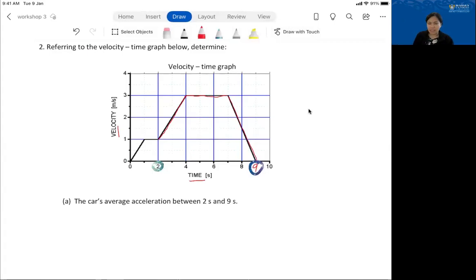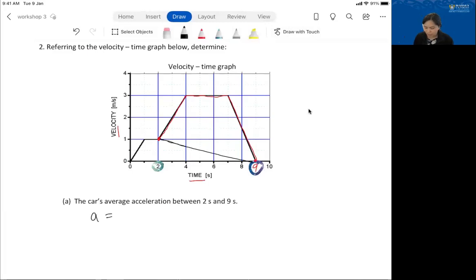So we cannot get the simple slope of that, but we can connect those 2 points, right? 2 seconds and 9 seconds. We can connect those 2 points and get the slope of this line.